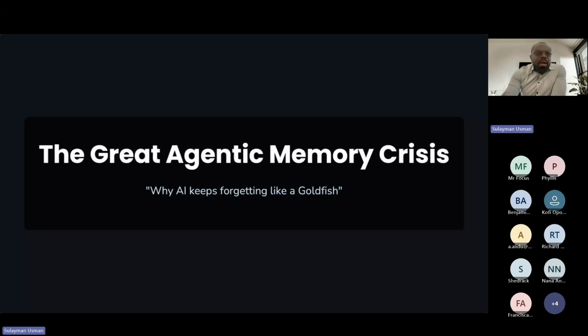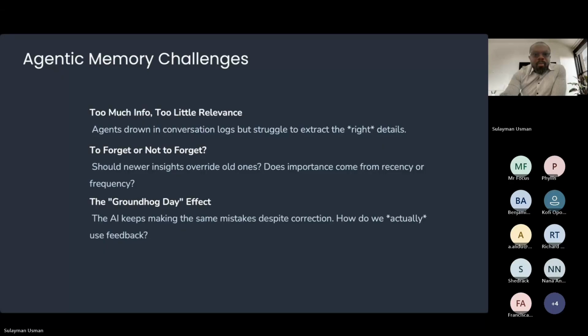Like I said, now we have a lot of memory crisis. We have a lot of hallucination. We have issues, especially when the agent is growing or becoming bigger, and that's how we transition into the multi-agent. What is causing the memory challenges? Too much info, too little relevance. That's a big issue. There's just too much data out there.